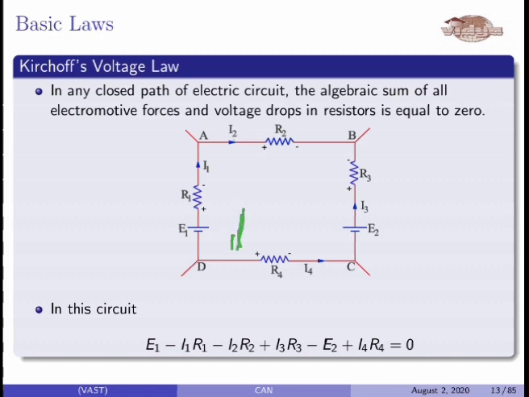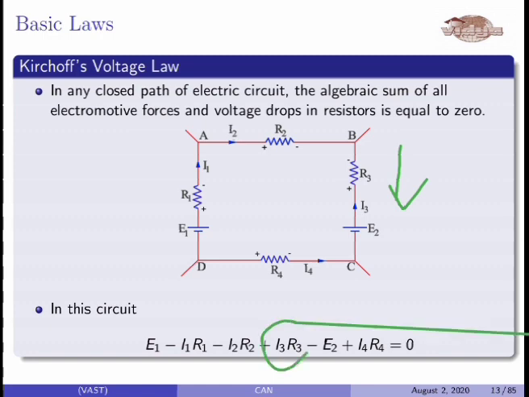That's why E1 is positive, and then there is a voltage drop, plus to minus, and the voltage drop is I1R1, and here again there is a voltage drop, that is I2R2, so minus I2R2. Then in the resistance R3, the voltage rises from this end to this end, and the value of the voltage across R3 is I3R3.